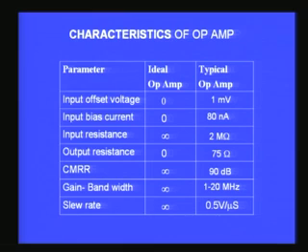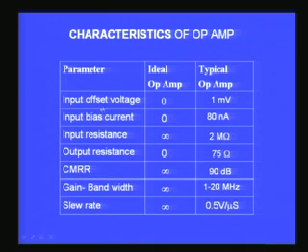Before I do that, I thought I would give you a table of data corresponding to an ideal operational amplifier and a typical operational amplifier, where I have taken the example of 741, which is the most popular operational amplifier.